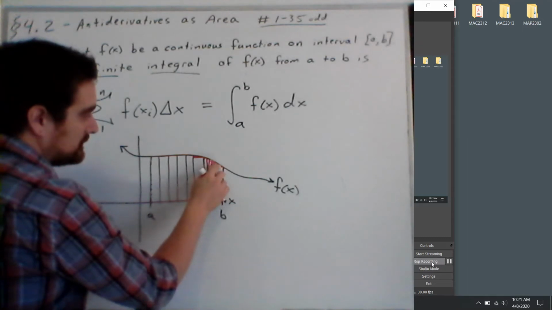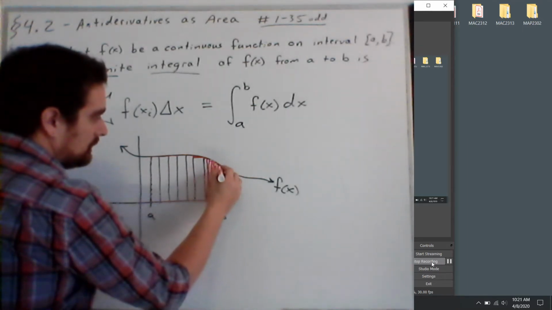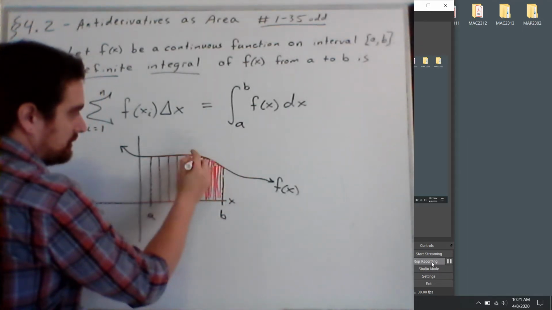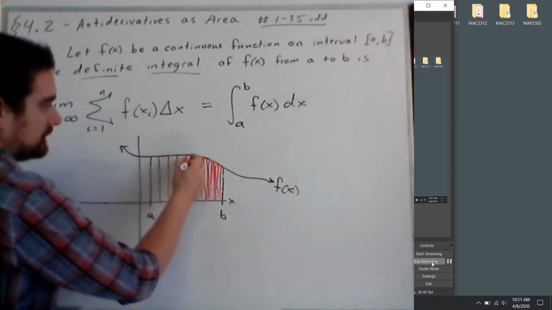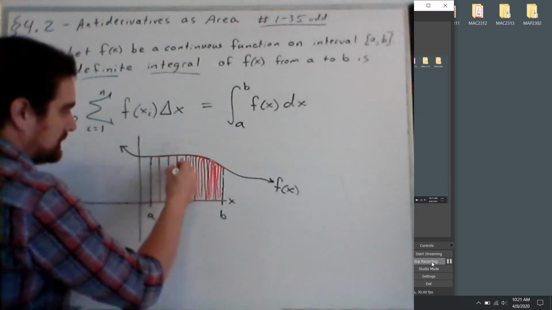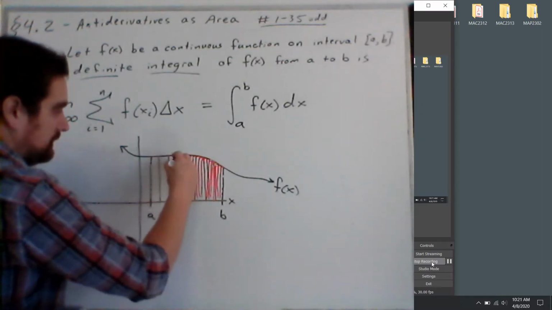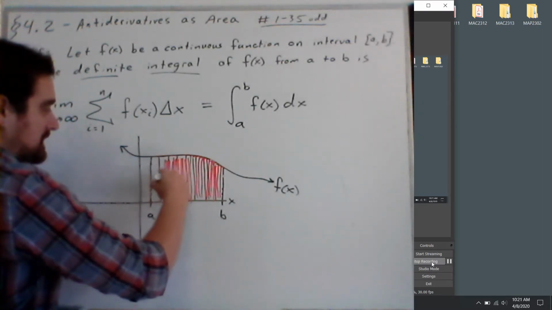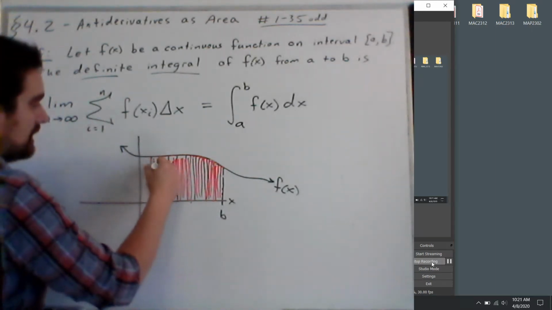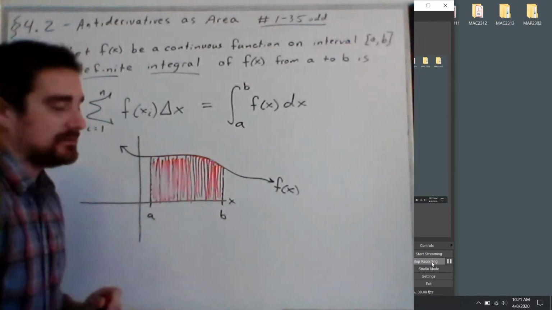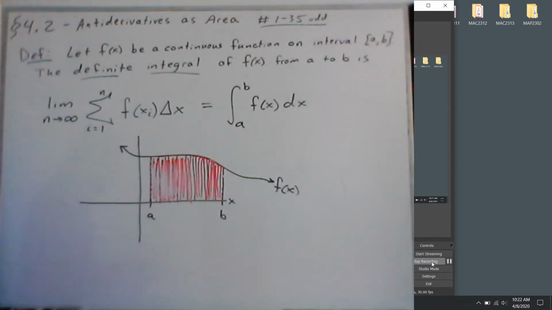And then you won't have so much of this stuff that you're missing. In fact, you'll be calculating everything. If you let these rectangles get thin enough so that there are infinitely many of them in there, n number of rectangles and n goes to infinity, eventually you end up calculating the exact area under the curve.